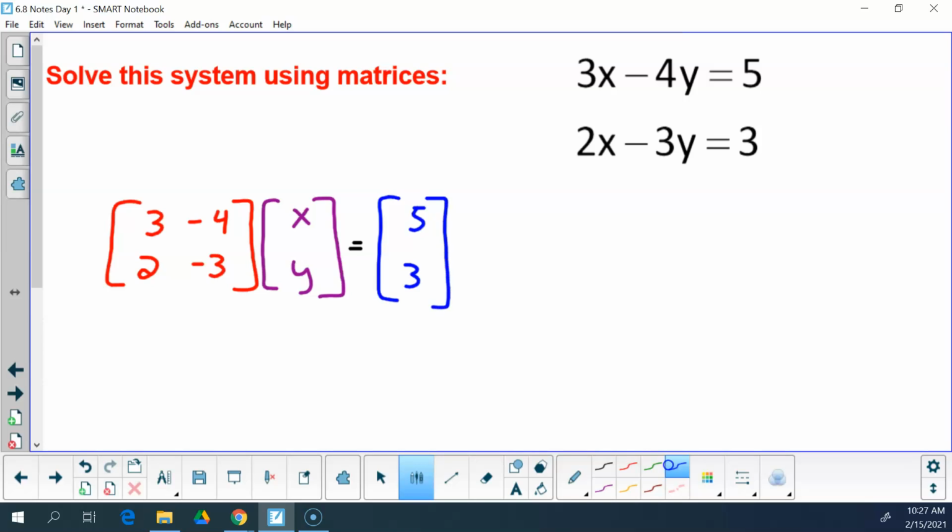Spot check, that should be how we have our matrix equation set up.